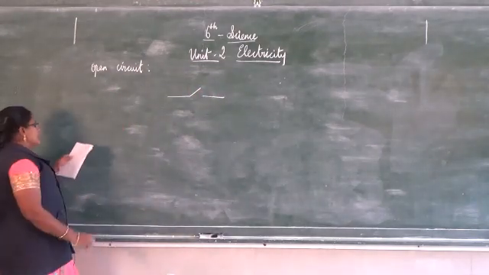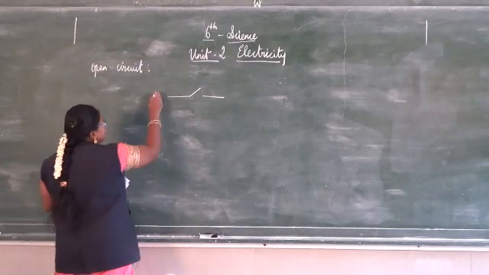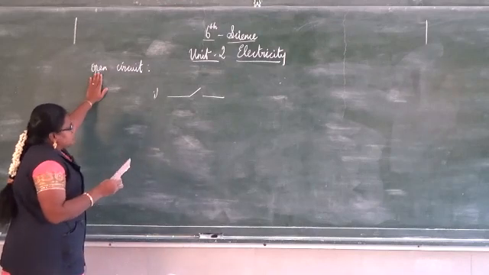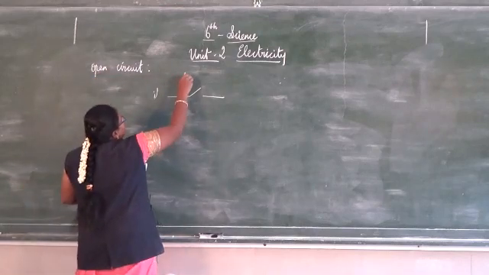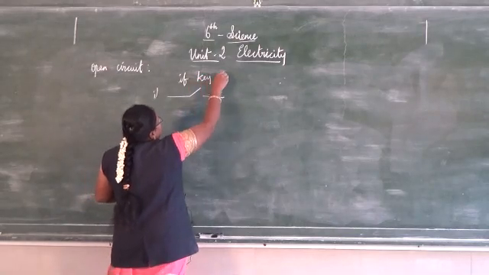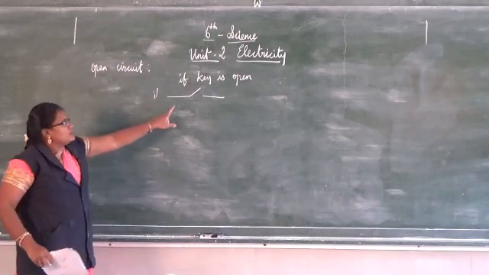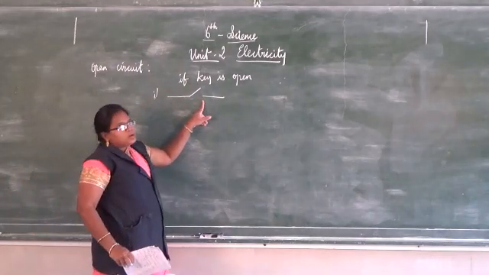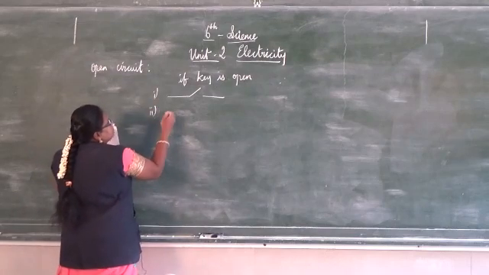Understand? Open circuit means if the key is open, it is called open circuit. If the key is open, it is an open circuit.